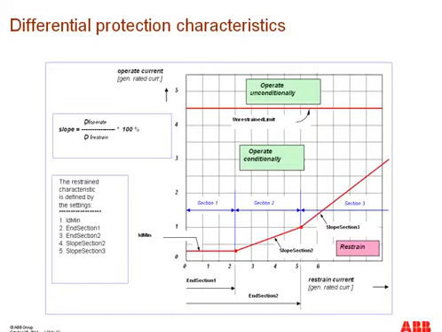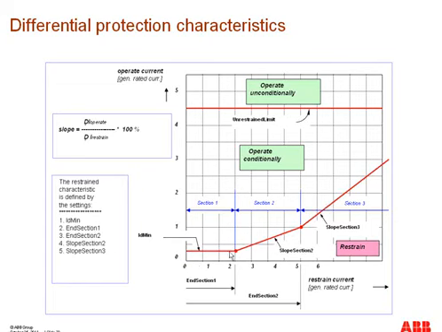Let's have a look at the differential protection characteristics. In this characteristic, as we discussed, this is the unconditional or unrestrained characteristic of the differential protection, and this one is the biased differential protection characteristic with dual slope.